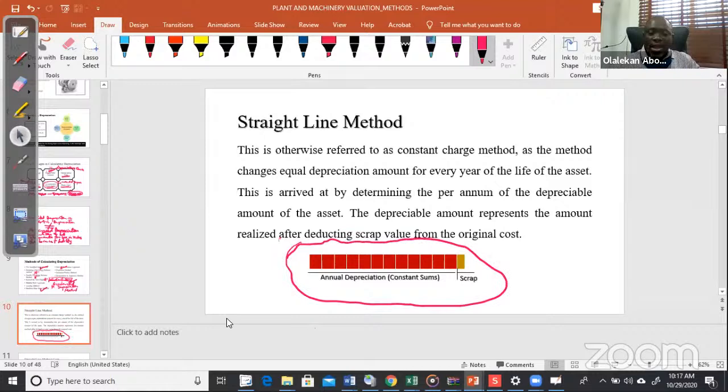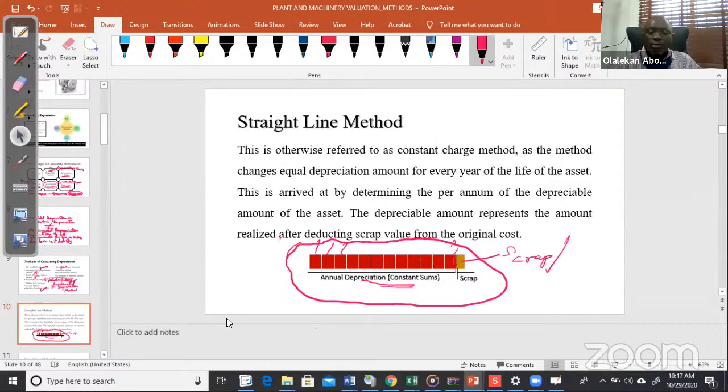Over the life of the asset, you have annual depreciation, which is a constant sum, which is each of these. At the end of the lifespan of the asset, which is this point, you will have what? The scrap or salvage value.